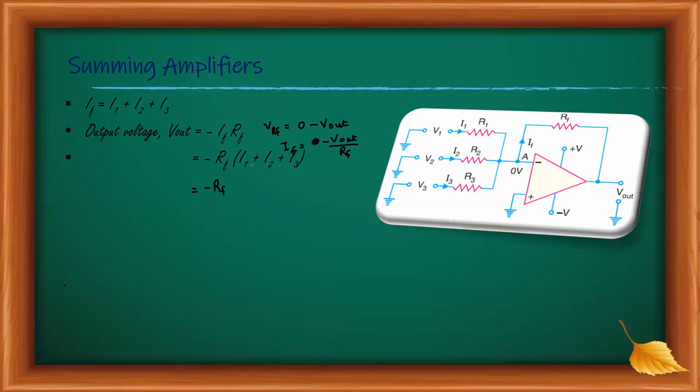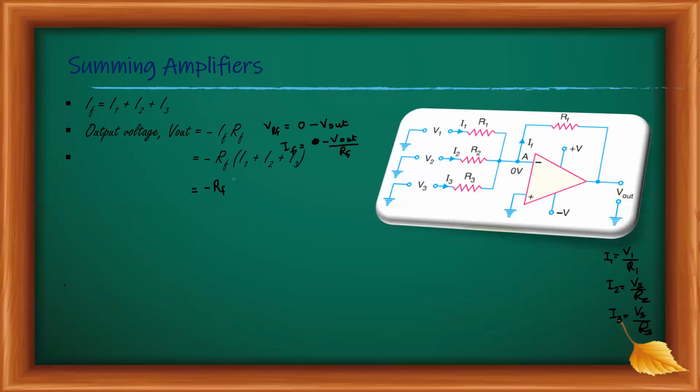Then we can write I1 is equal to V1 divided by R1, and I2 is equal to V2 divided by R2, and I3 is equal to V3 divided by R3.